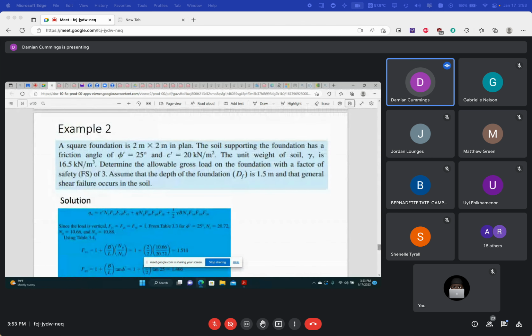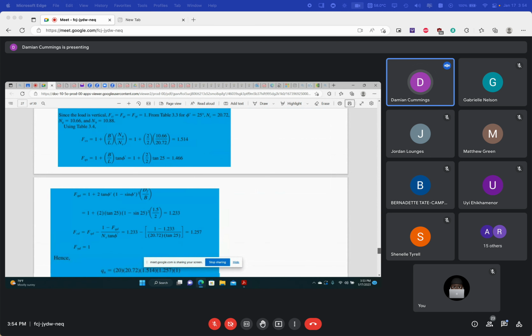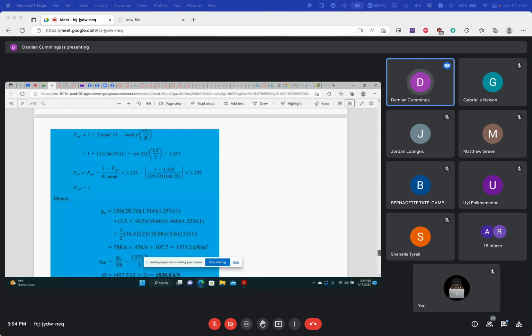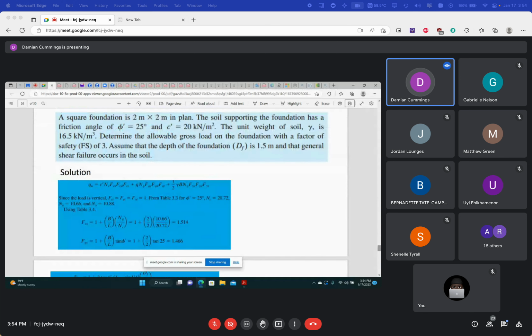All right, so we have a square foundation that is 2 by 2 in plan, the foundation that we had earlier. And we are asked now to calculate, but now we are going to use our shape factors, our depth factors, and our load inclination factors.